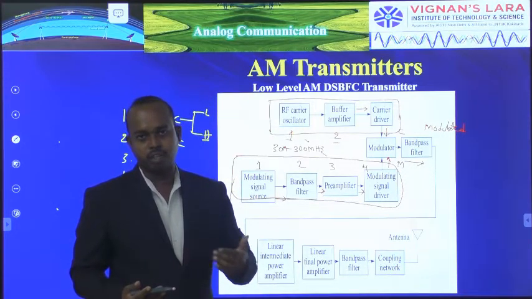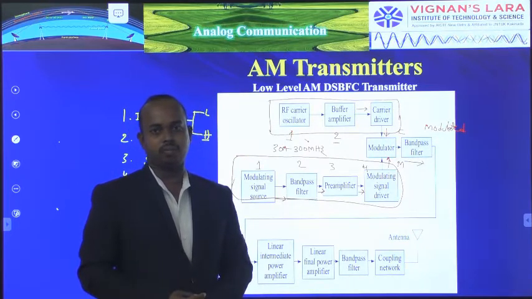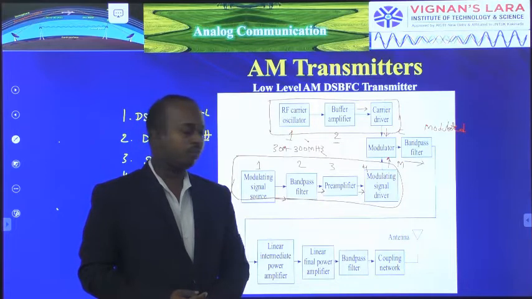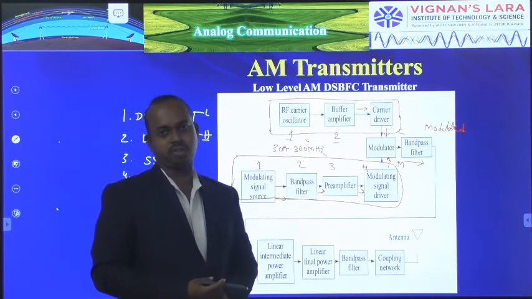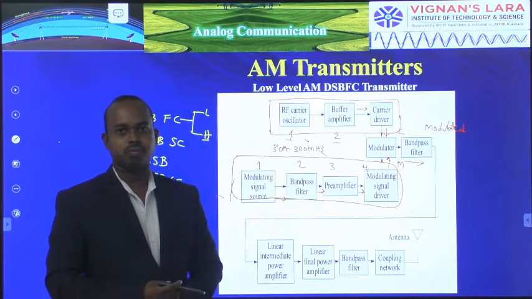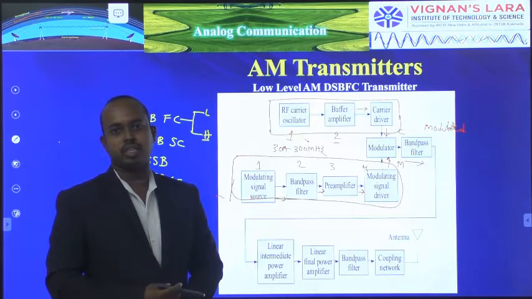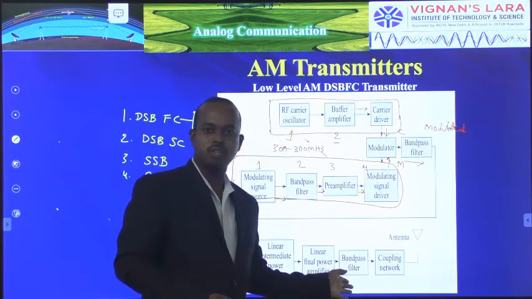After giving the power, you are not directly connecting to the antenna. Between the antenna and band pass filter, you are using some coupling devices for impedance matching. For that only you are using the coupling network between the band pass filter and antenna.